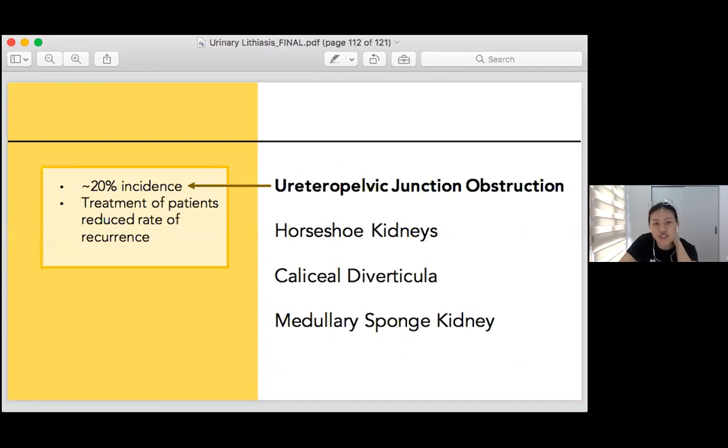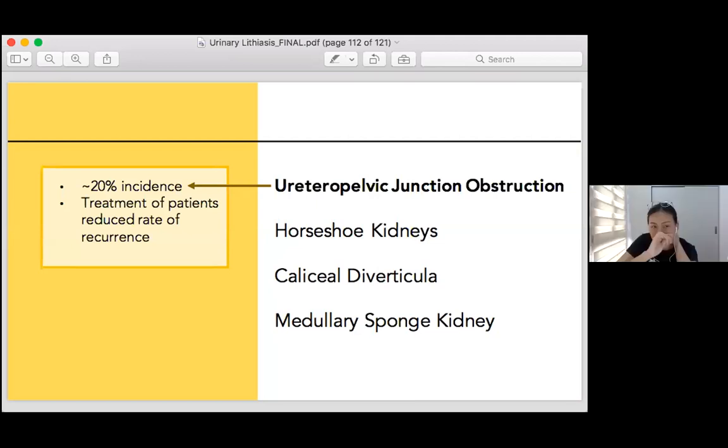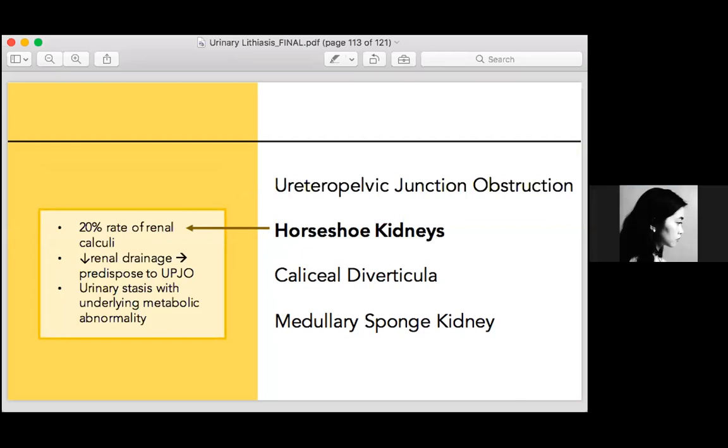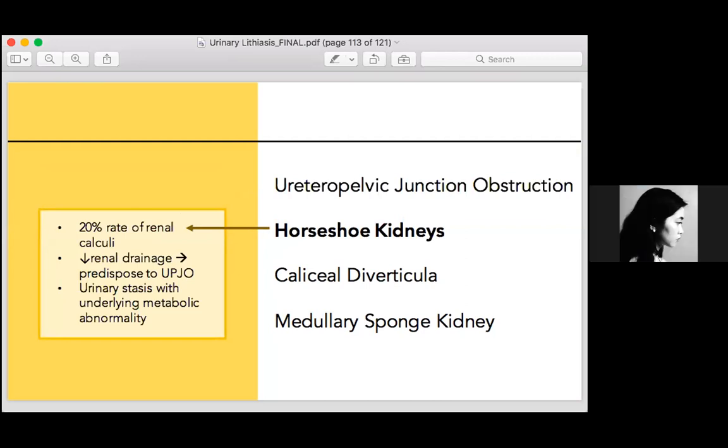So ureteropelvic junction obstruction, they found that treatment of this obstruction would lead to a reduced recurrence rate of stones. For horseshoe kidneys, they have a 20% rate of renal calculi, and this can be due to the high insertion of the ureter into the renal pelvis, which causes impairment of renal drainage and predisposes to ureteropelvic junction obstruction.